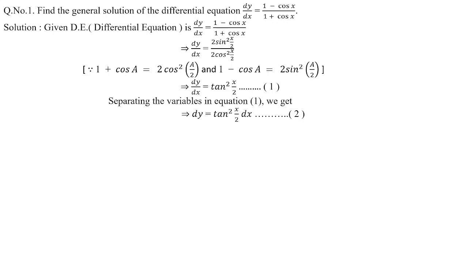Then we got tan square x by 2. Understood this step, my children? Here we have separated the variables. We got an equation after separating the variables. Understood this equation too?